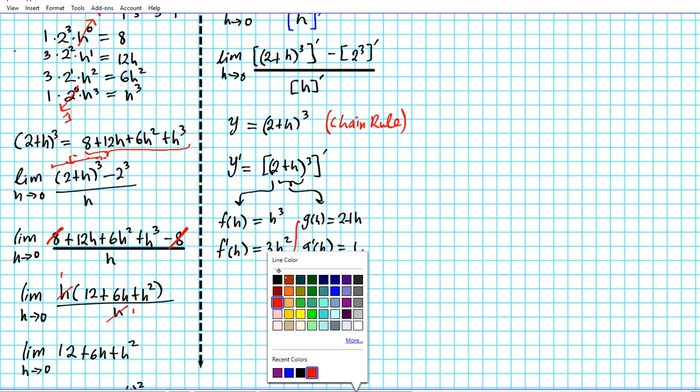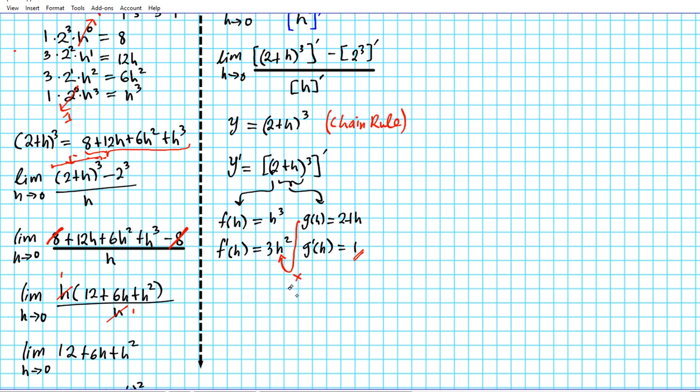Alright, so y prime, the derivative of the first term, this composite function, is going to be 3 times (2 plus h) squared. I replaced the h with 2 plus h, so squared, times the derivative of the inner function, which is 1. Okay, so y prime is 3 times (2 plus h) squared.